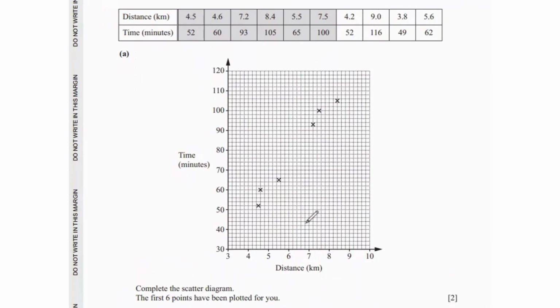So 4.2 and 52 are going to be over here. 9 and 116. That's over here.